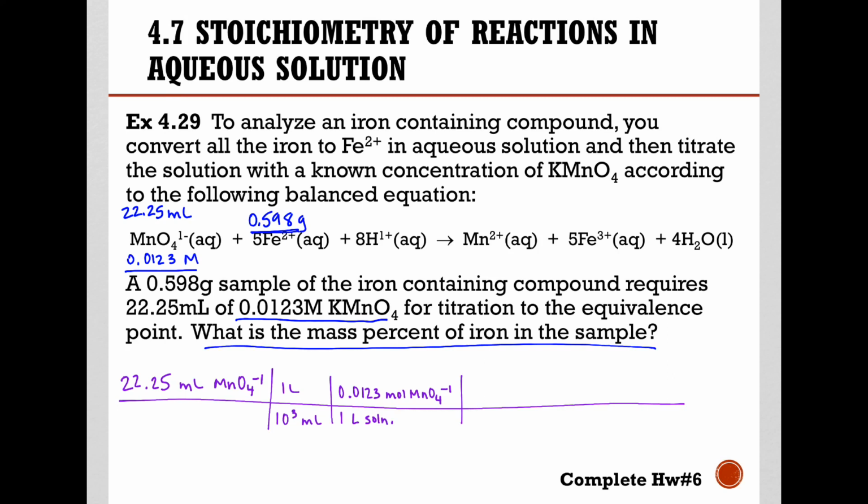So looking at our balanced equation here, for every 1 mole of permanganate ion, there are 5 moles of this iron 2 ion as well. So for our ratio, we would write that as 1 mole of permanganate ion per 5 moles of the iron 2 ion. And then our final step would be to go from moles to grams.